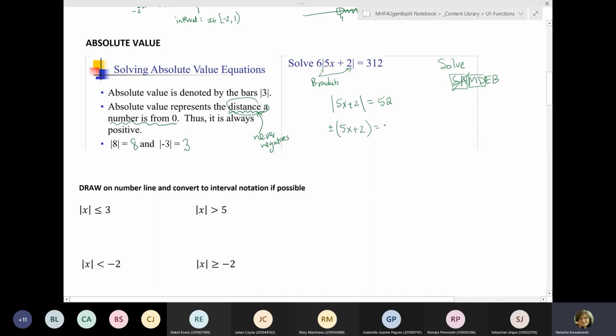The inside could have been a positive version or a negative version. So when you remove absolute value, you do that next. And then you separate this out, because there's two answers here. We could have 5x plus 2 equal to 52, or we can have negative 5x plus 2 is equal to 52. Let me give myself more space.